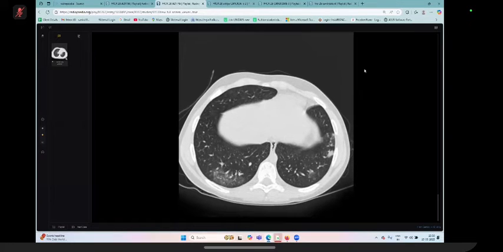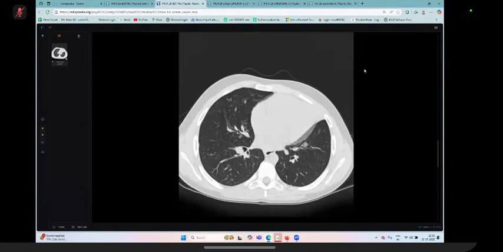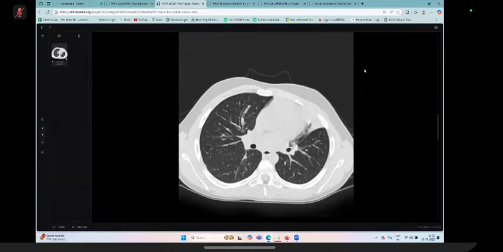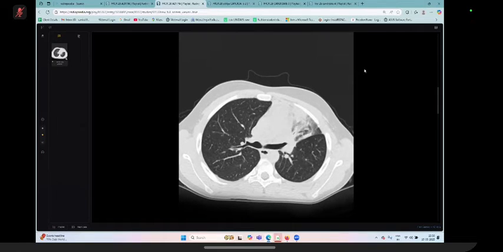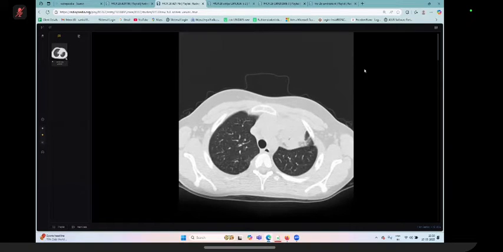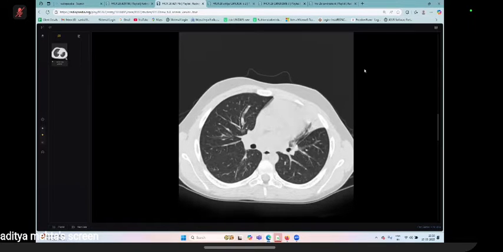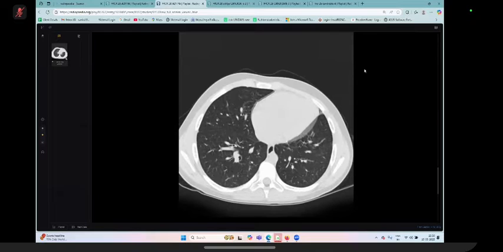They are more towards the periphery of the lung, and there are some bronchiectatic changes as well, located in the parahilar region. I can also appreciate that in both lung parenchymas there are multiple tree-in-bud opacities seen.